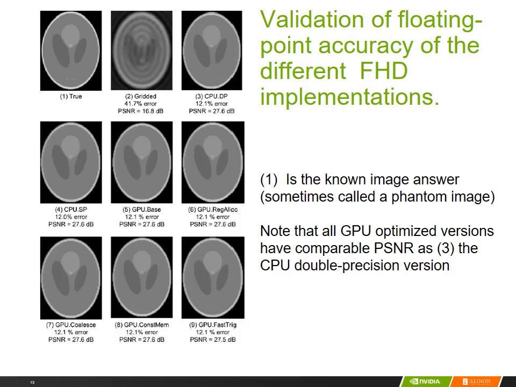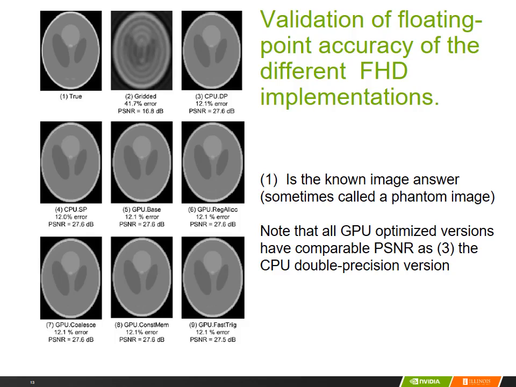Then we use the CPU double precision approach to reconstruct the image, and this gives us a much lower error of 12.1% and a very high signal-to-noise ratio of 27.6 dB. And we can see visually that this reconstructed image is identical to the true image, at least to the naked eye.